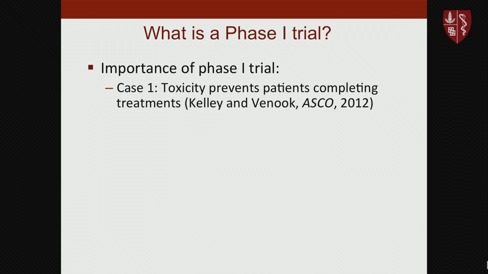In a 2012 talk by Kelly and Vinok, they looked at combination therapy in patients. What they found is that when they combined the agents, patients experienced higher toxicity, and most of them could not complete the treatment cycle.